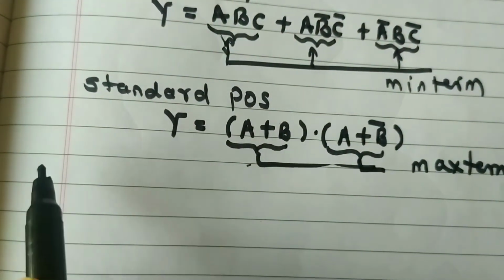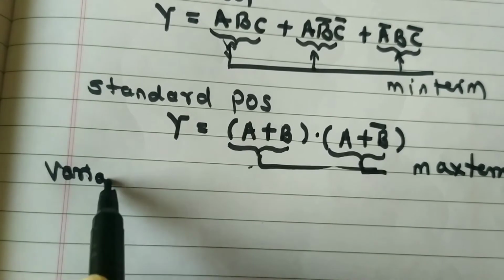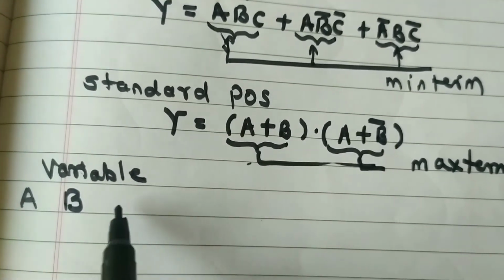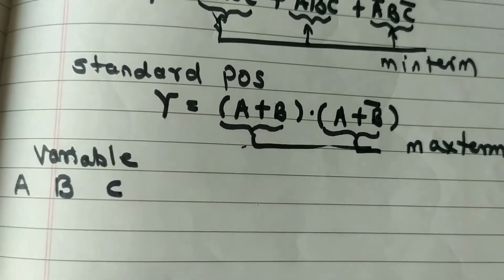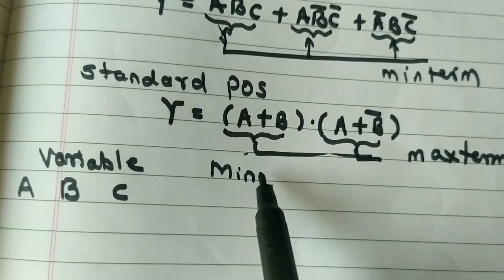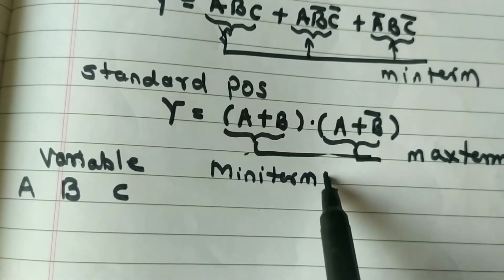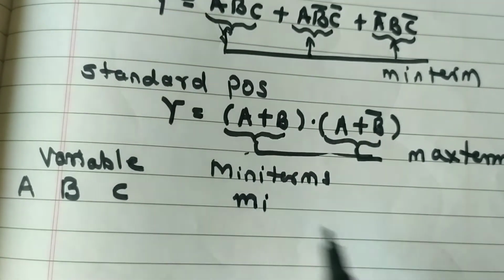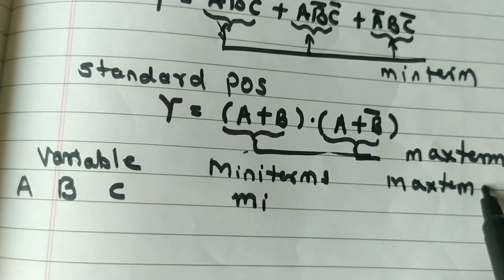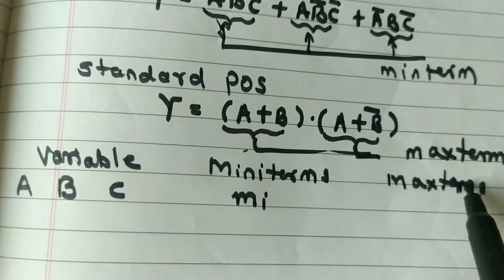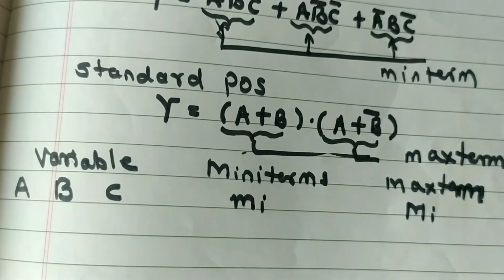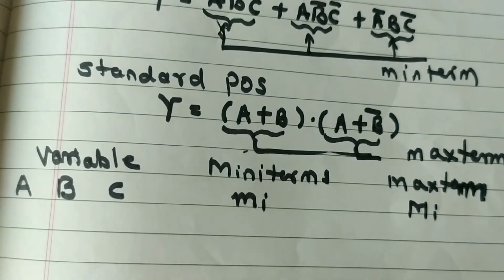Here we represent the three input variables A, B and C. Minterms are represented by the small m subscript i, whereas maxterms we note using capital M subscript i.